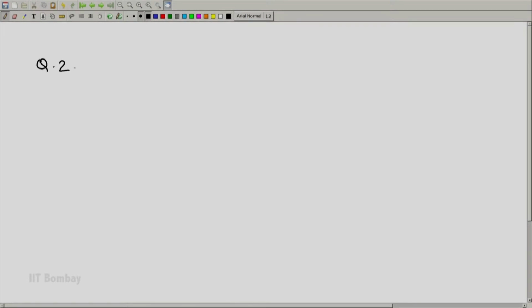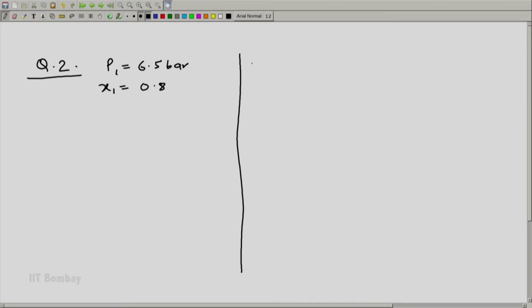So, question number 2: what we know is P1 is equal to 6.5 bar, x1 is equal to 0.8, and for point 2, P2 is 6.5 bar, and T2 is 550 degree centigrade.